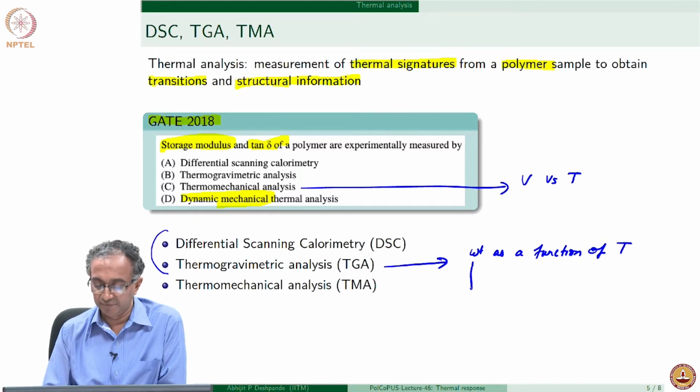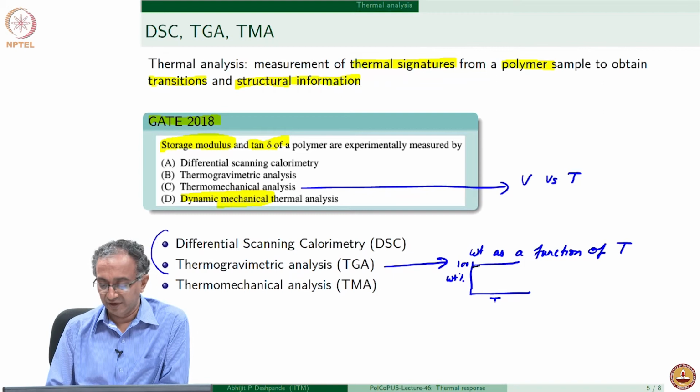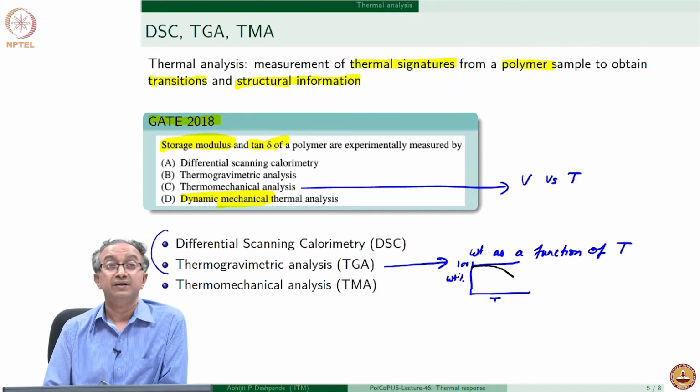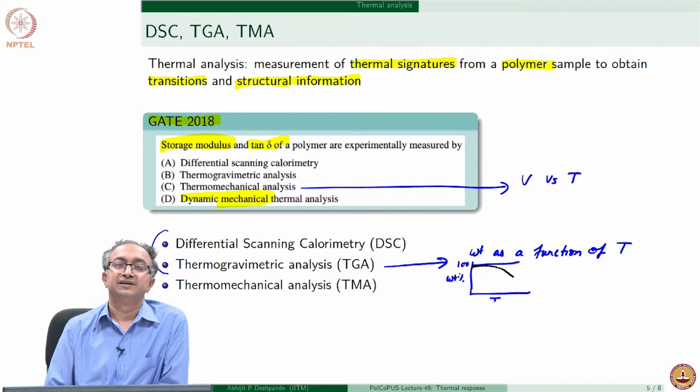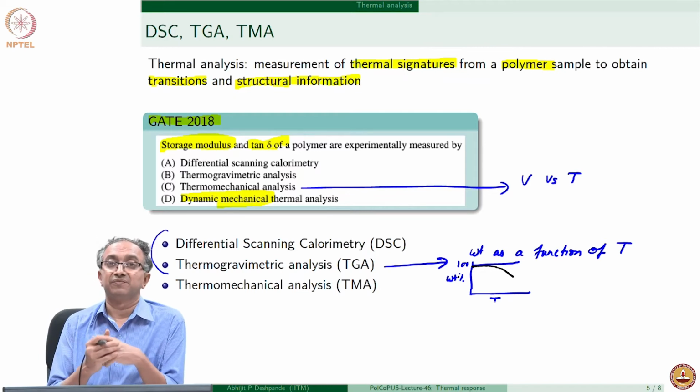So, we can heat the polymer sample at a given heating rate, and then look at weight percent, and initially of course, the polymer sample will have 100 weight percent, and as the time goes by, as the temperature is increased on the sample, the degradation reaction sets in, volatilization happens, and therefore, weight reduction happens. And so, thermogravimetric analysis therefore is a technique to look at stability of polymeric system.